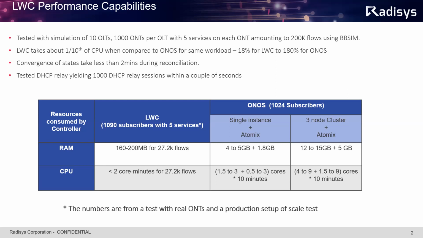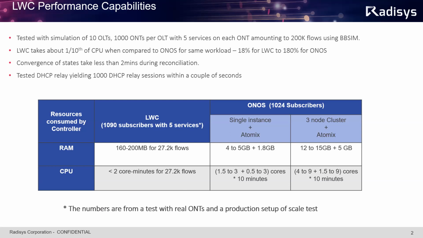Thank you. So this slide provides the information about our LWC performance capabilities with different simulation environments as well as physical setups. We have tested with 10 OLTs, 1000 ONTs per OLT with 5 services on each ONT, amounting to 200K flows using BBSIM.